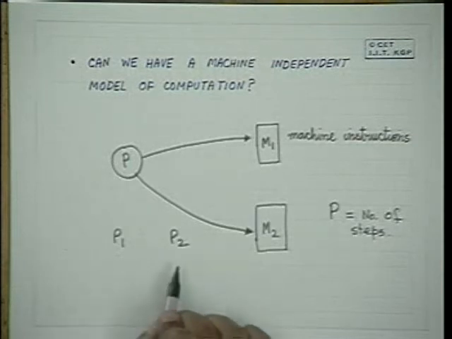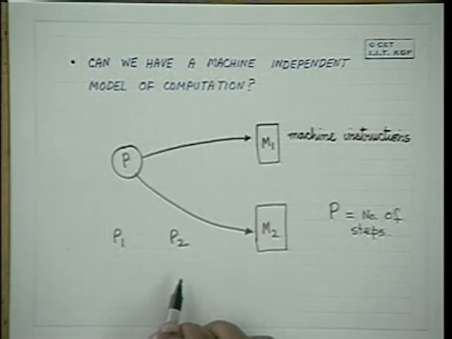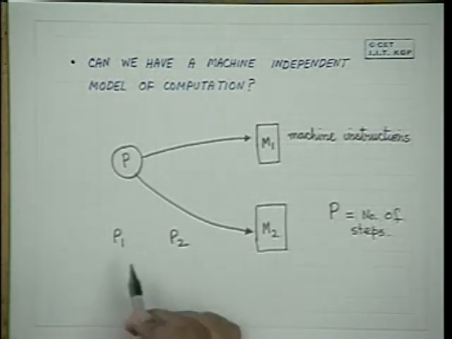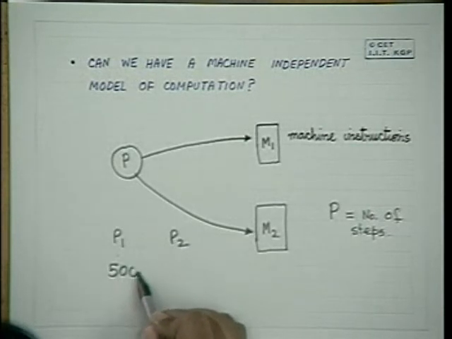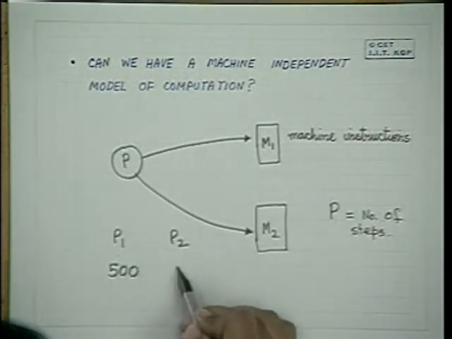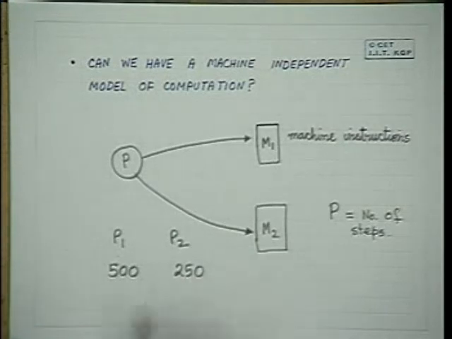And what is the error that we incur in this comparison? The error is by a ratio, in the sense that if this takes, say, 500 and this takes say 250, then in a faster machine this may run faster than this one.